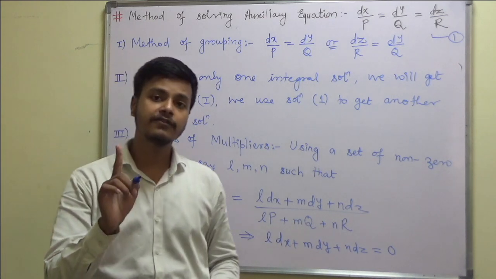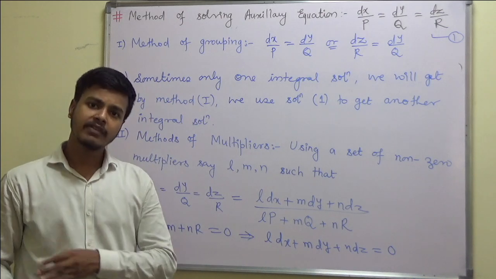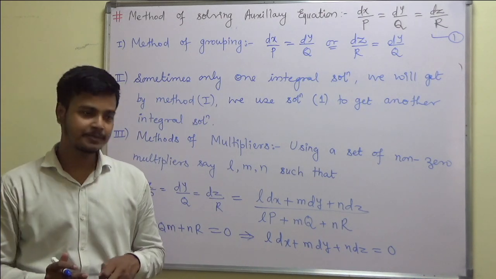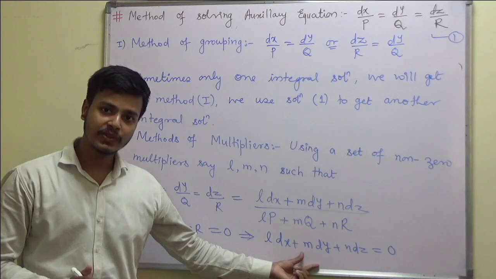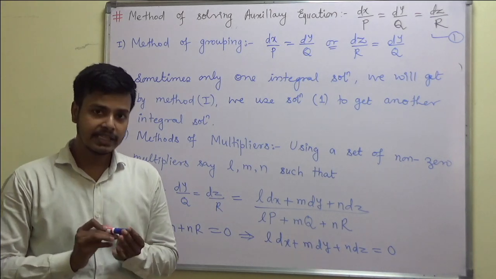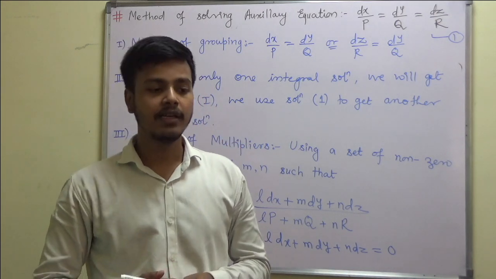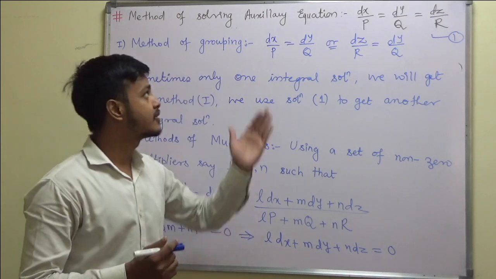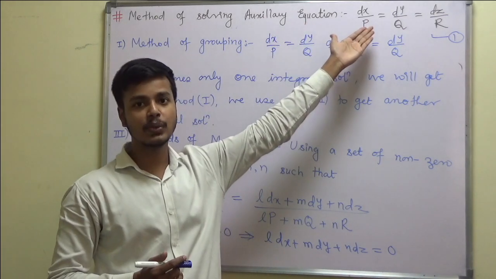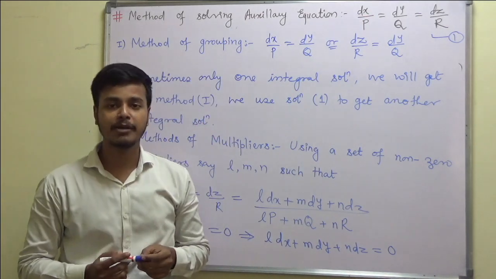That would be the first integral curve or integral solution. Then repeat the same process to get another integral curve. So these are the three methods we will take in getting the solution of an equation of the form dx by P equals dy by Q equals dz by R.